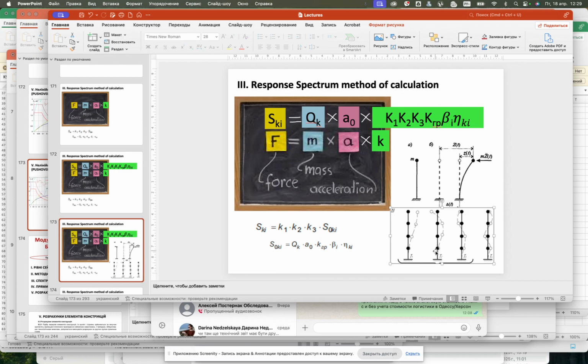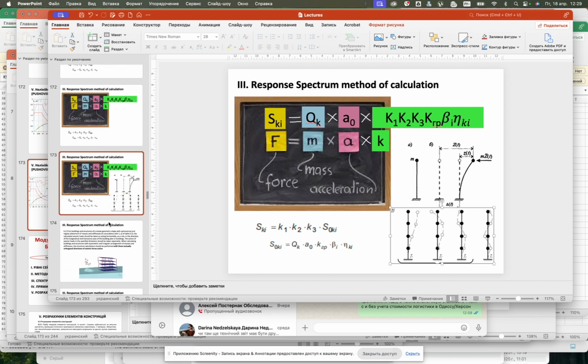It will be S_1,2. For this, S_2,2. For this, it will be S_3,2, and for this, S_4,2. All these values will be defined according to the calculation which we have analyzed previously.